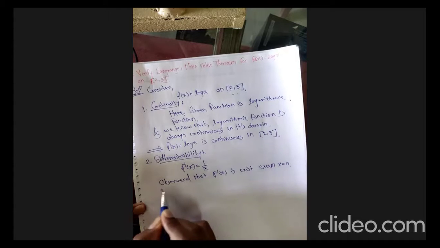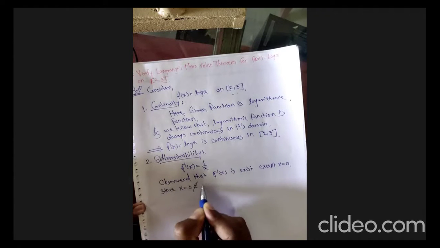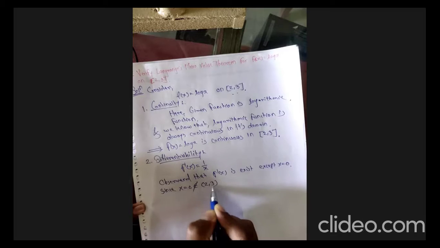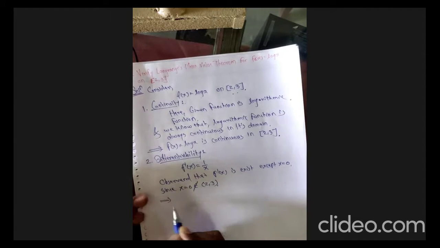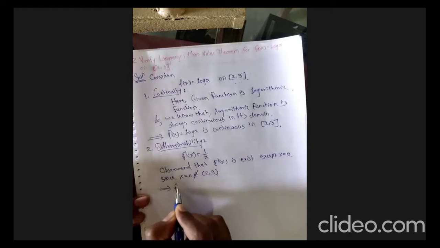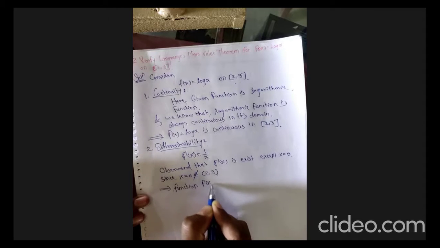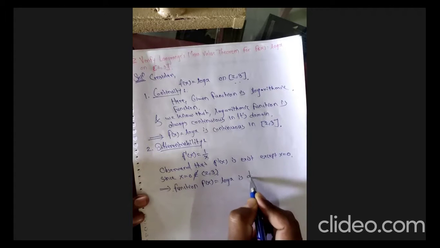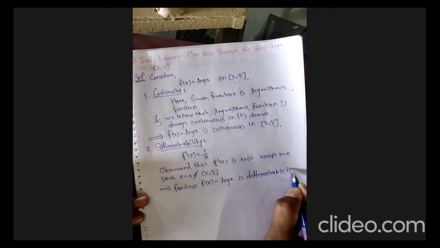And since x equal to 0 does not belong to the open interval (2, 3), it implies that the function f(x) equal to log x is differentiable in the open interval (2, 3).